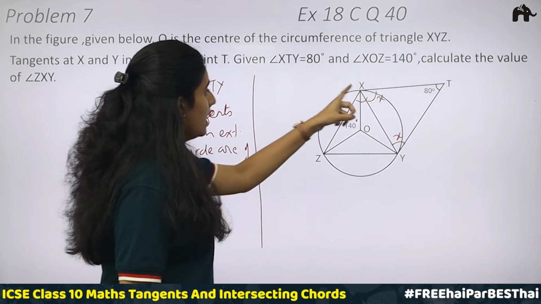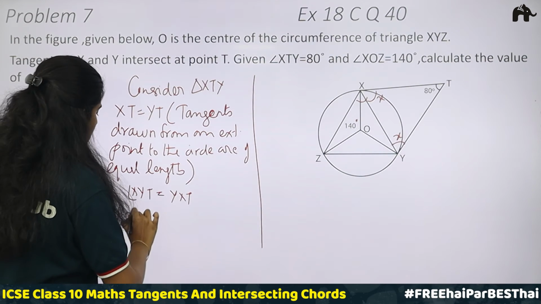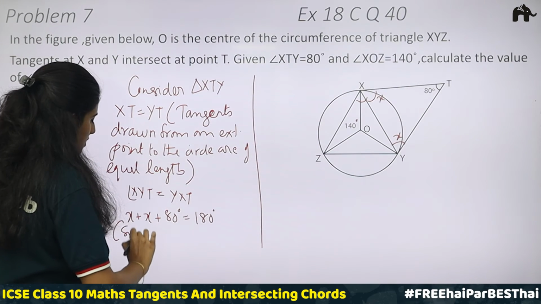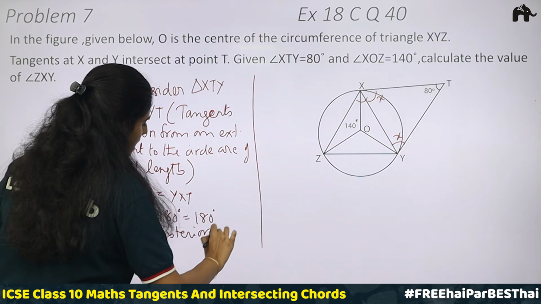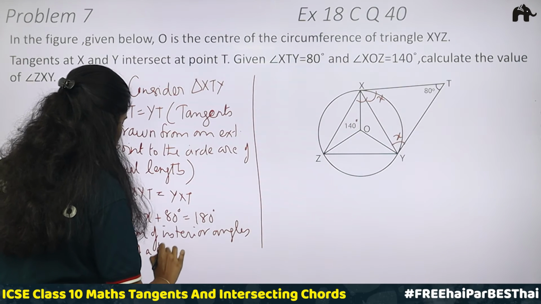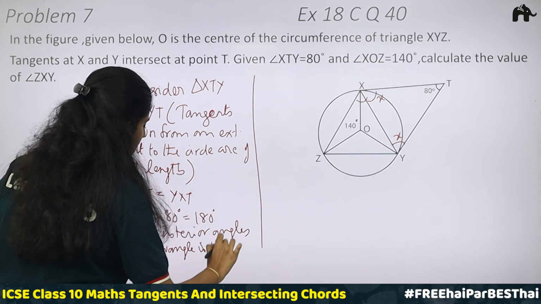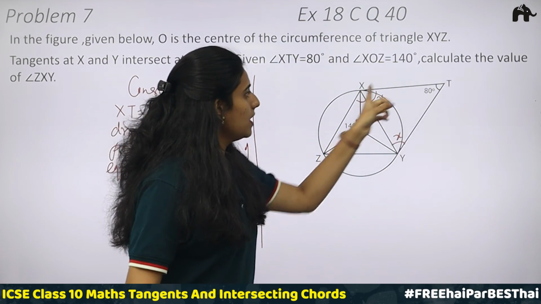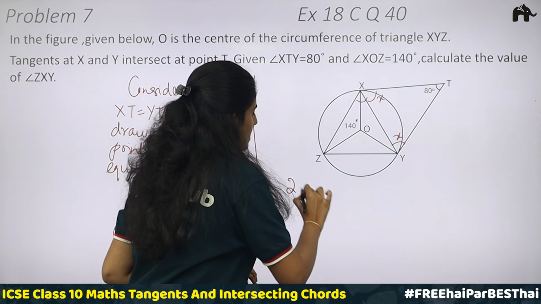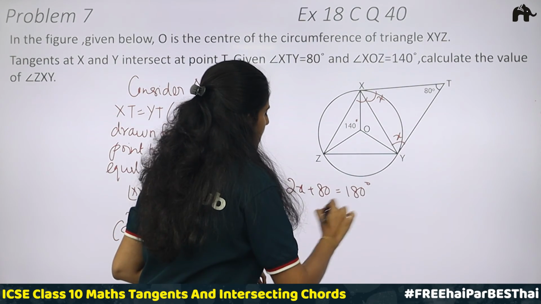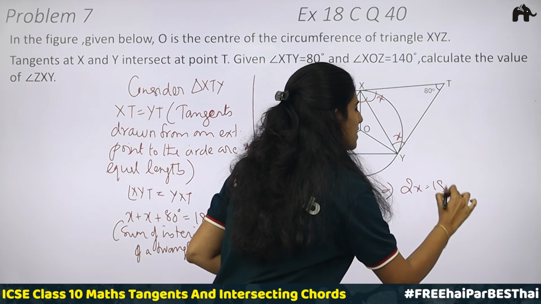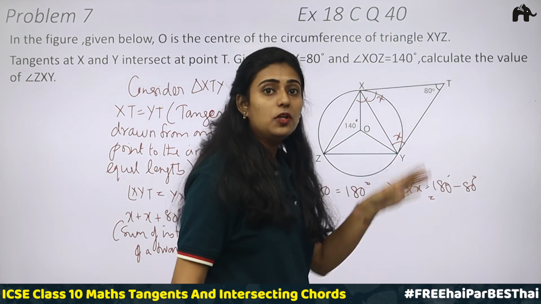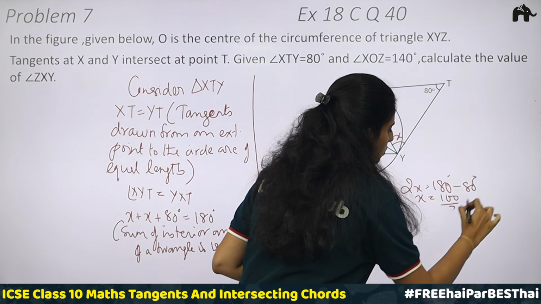Considering triangle XTY, we have x plus x plus 80 degrees equal to 180 degrees, since the sum of interior angles of a triangle is 180 degrees. 2x plus 80 is equal to 180 degrees, which implies 2x is equal to 180 minus 80. 180 minus 80 gives 100. x is equal to 100 divided by 2, which is 50 degrees.